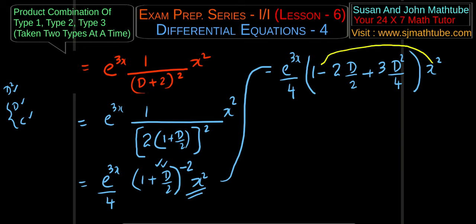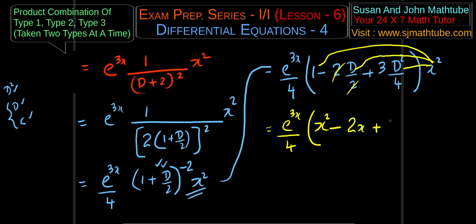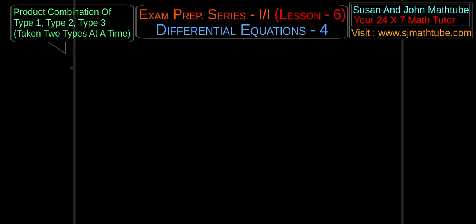Now let's just distribute this here, here and here. So we get e to the power 3x by 4 in bracket 1 into x square minus this 2 and 2 will get cancelled, and derivative of x square is 2x plus 3 by 4 into 2, because second derivative of x square is 2. So that's it.